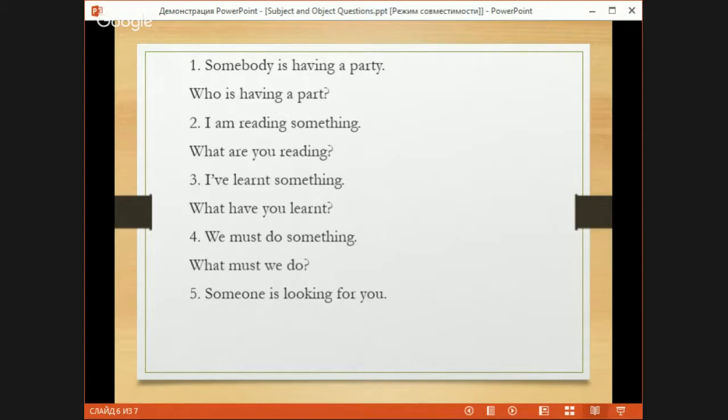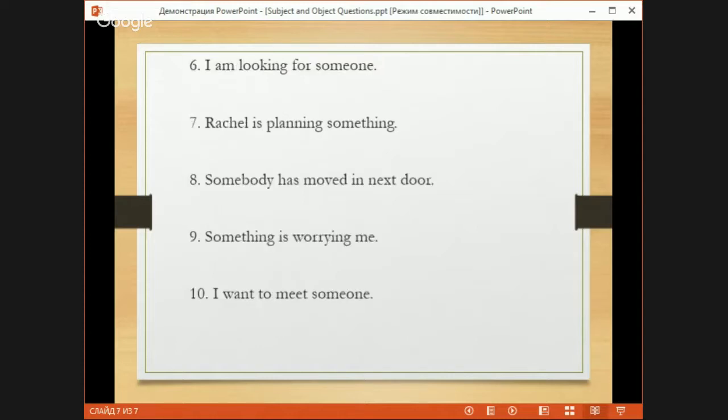And someone is looking for you. Someone is the subject. So we just close it and create the question. Who is looking for you? 5 more sentences and then we will make the conclusion. Again, you have a minute to think about.